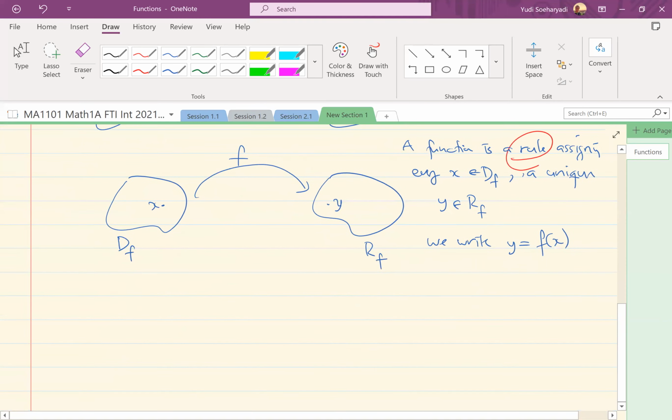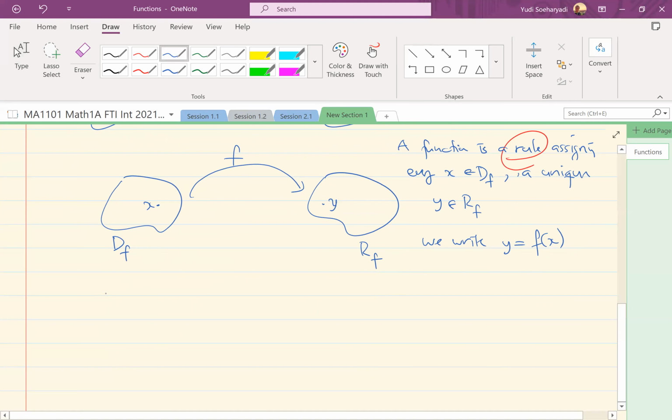So for example, if we have something like this, y equals, say, 5x.